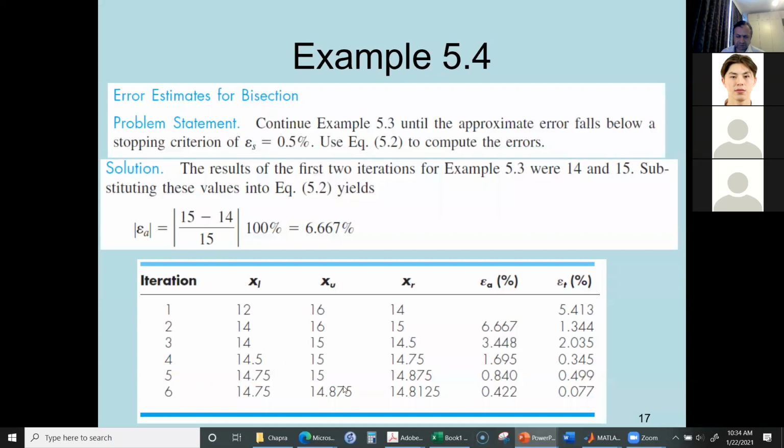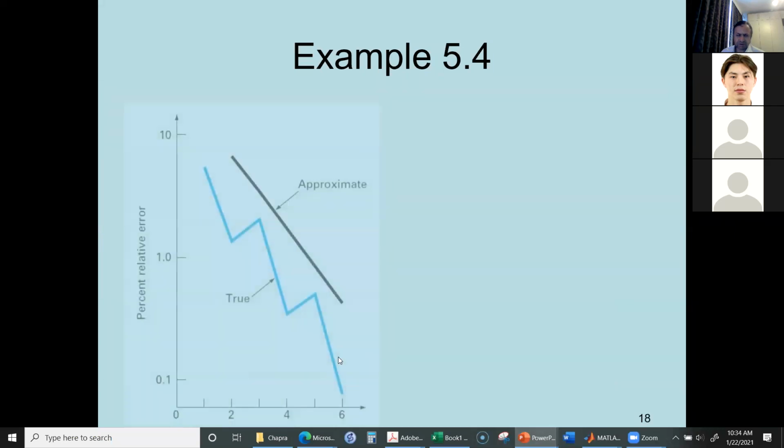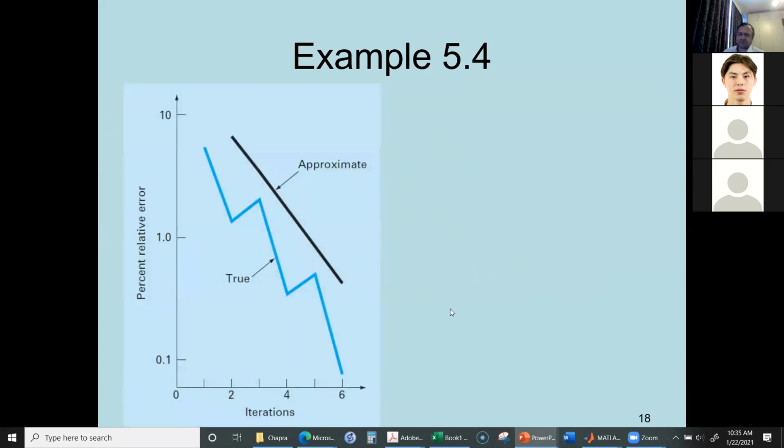So now this table is clear, and now you can see the behavior. The behavior of the true percentage error is given by this blue line, and the behavior of the approximate percentage error is given by this black line.